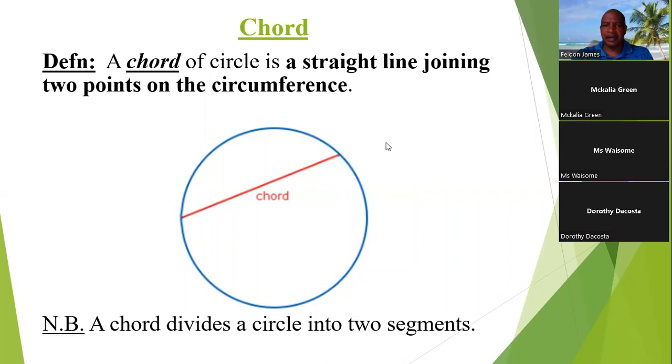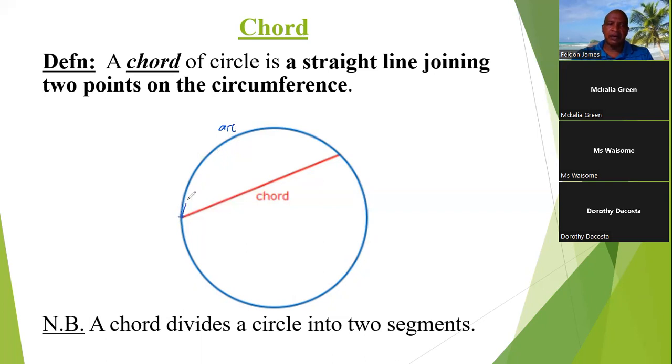Once you understand a chord, we know that the chord will divide the circle into two parts. In terms of the circumference, it divides the circumference in two parts. A part of the circumference is what we call an arc.